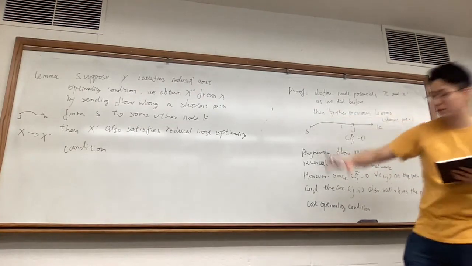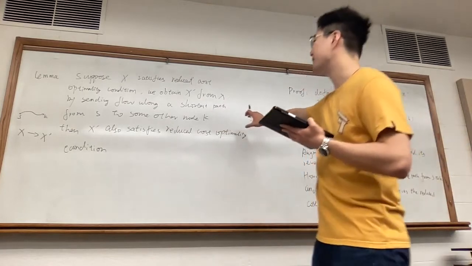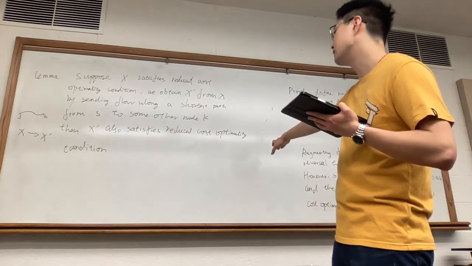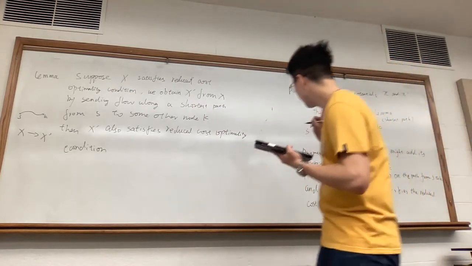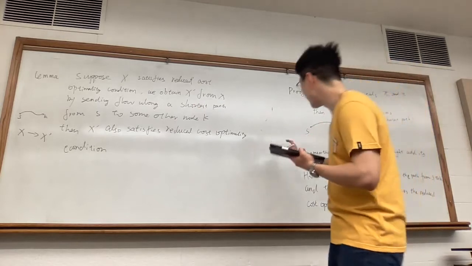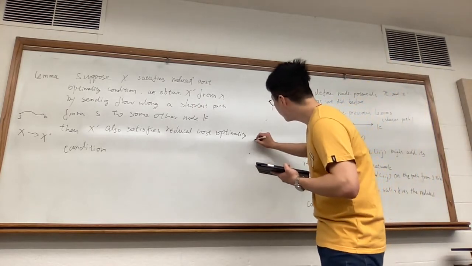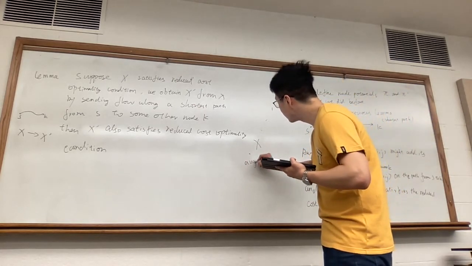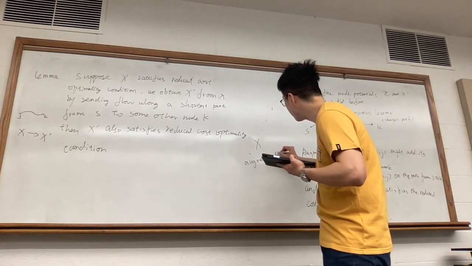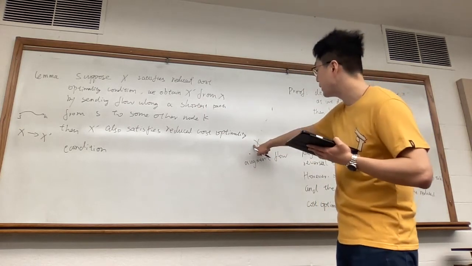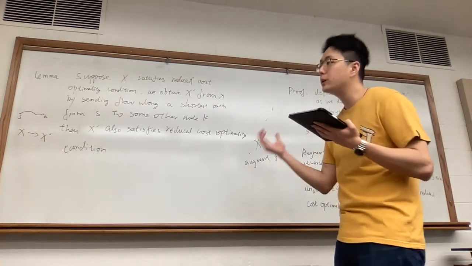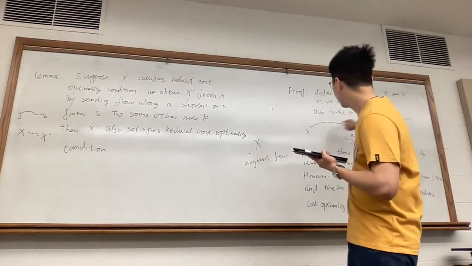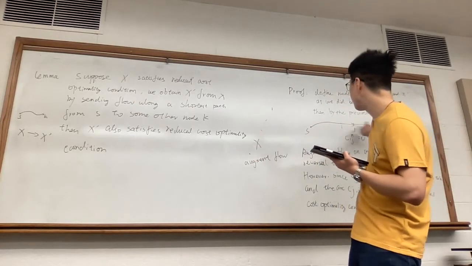Then recall what we're doing in this lemma. We say that x prime also satisfies the reduced cost optimality condition. Now you have some flow x, and you augment flow. How do you determine which path to augment this flow on? It is on the shortest path from S to some other node.